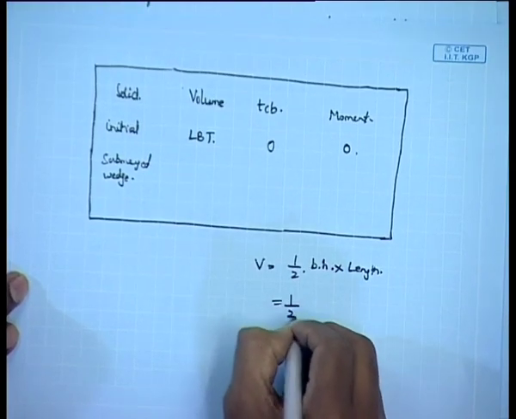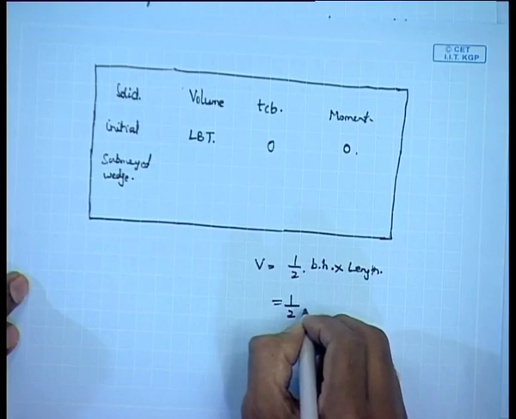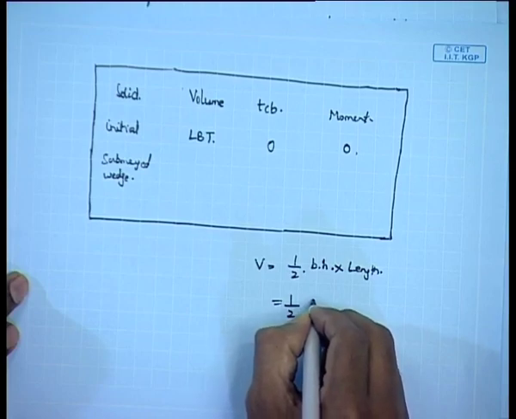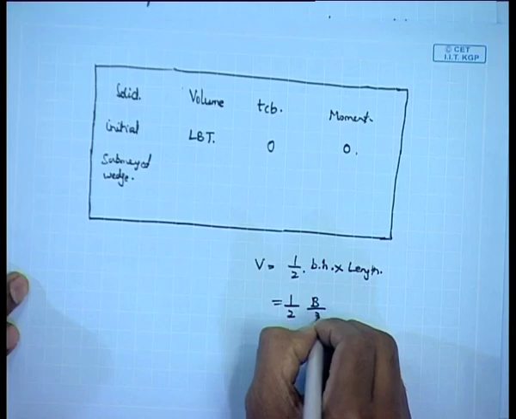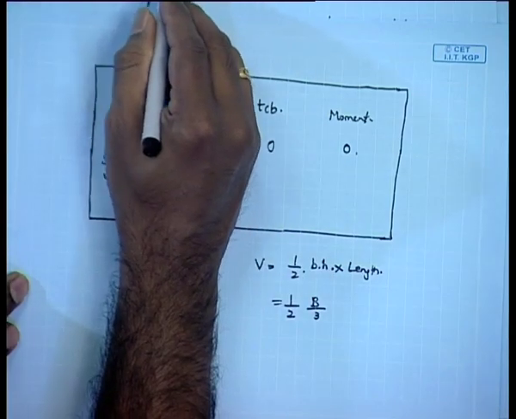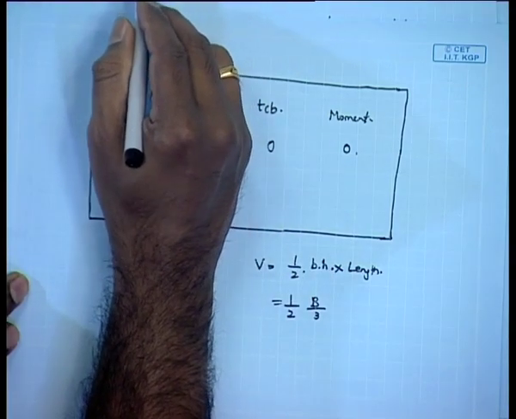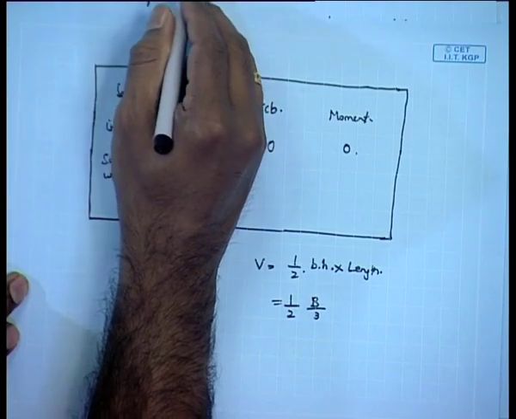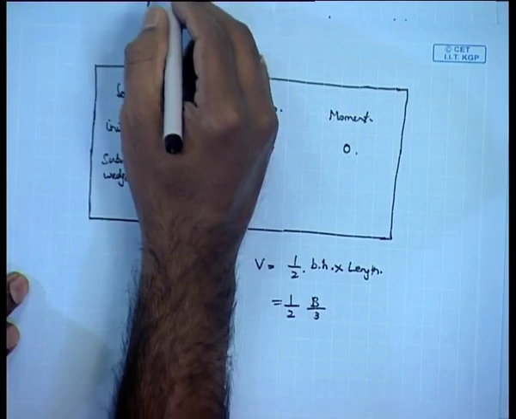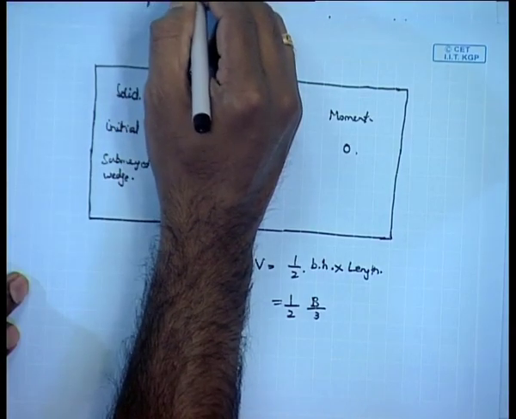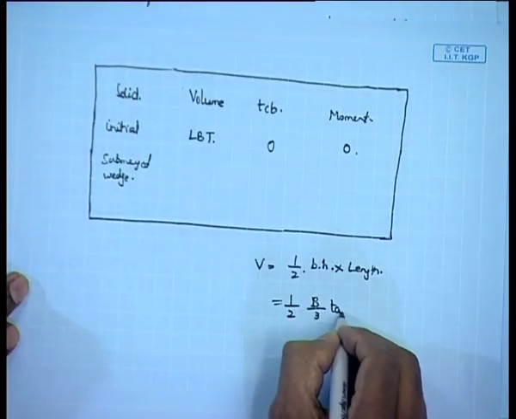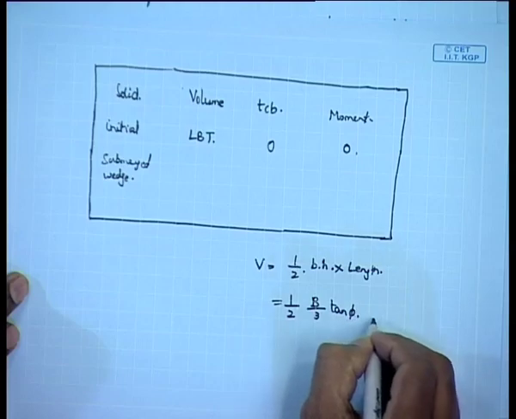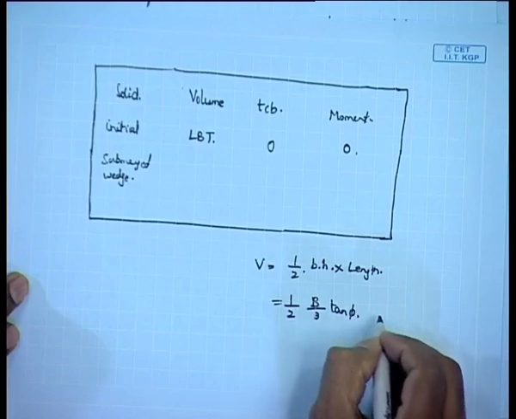Base is B by 3 tan phi, half base into altitude.